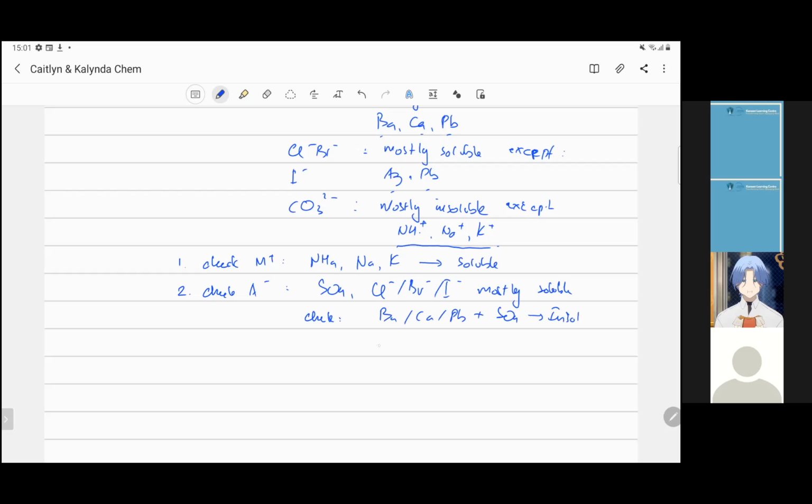Or do we have silver or Pb with chloride, bromide, or iodide? They become insoluble. Other than this, they are soluble. Done. So it is a two-step process to check whether we are going to have a soluble salt or not.